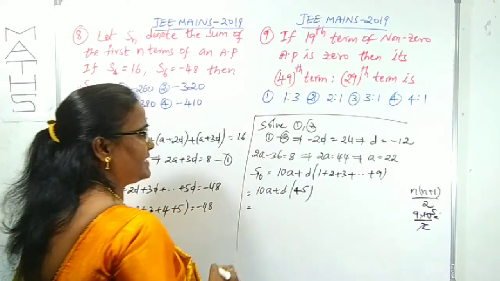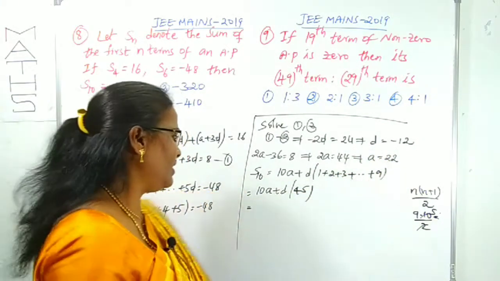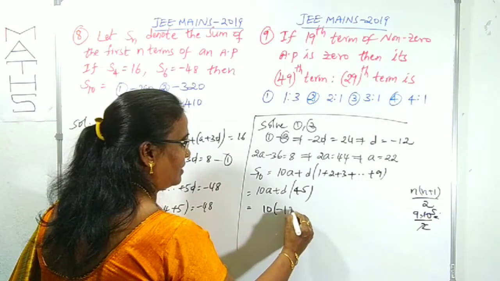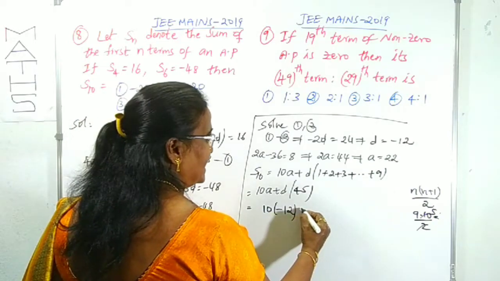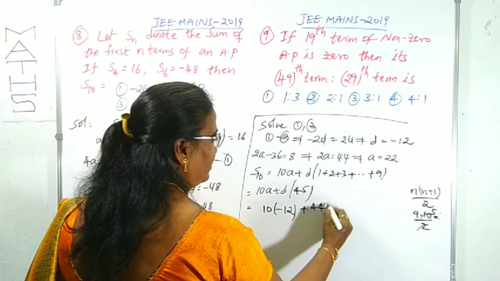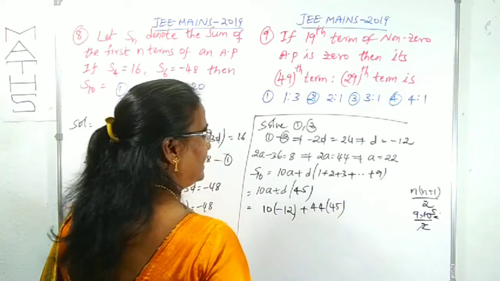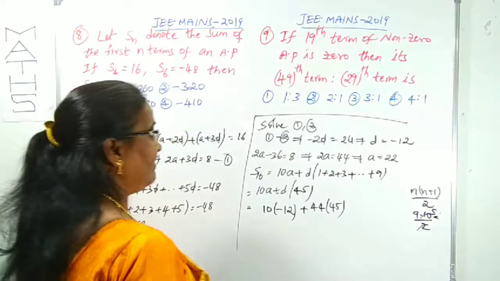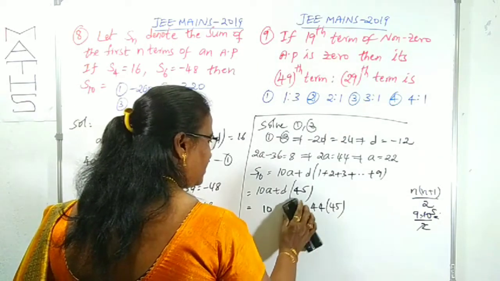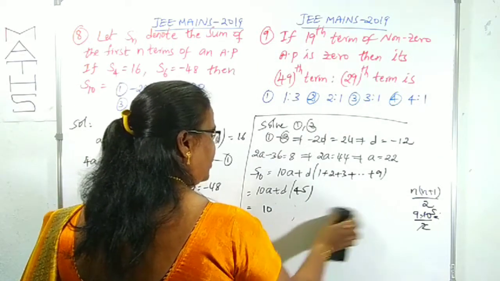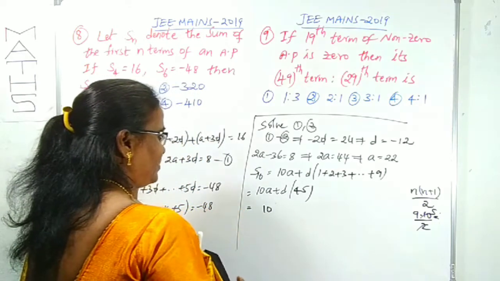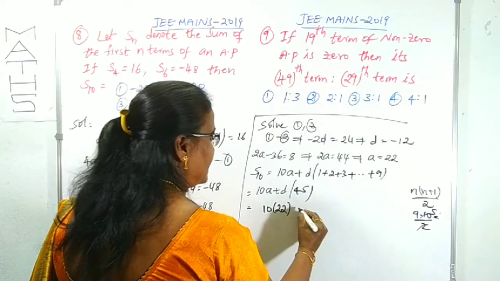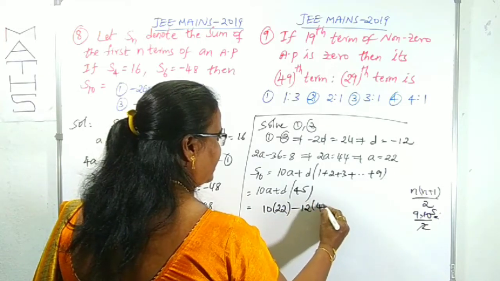Now you know the a and d values, substitute here. 10a, with a as 22, plus d, which is minus 12, into 45.